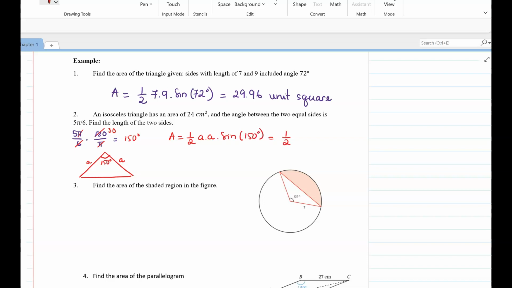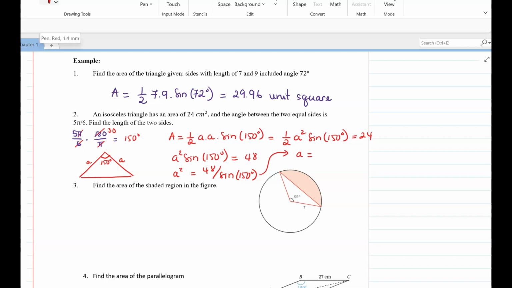That is 1/2 A squared times sine of 150 degrees. We are given that this equals 24. This means that A squared times sine of 150 degrees is equal to 48. A squared is equal to 48 divided by sine of 150 degrees. And so A equals, and we want the positive part.